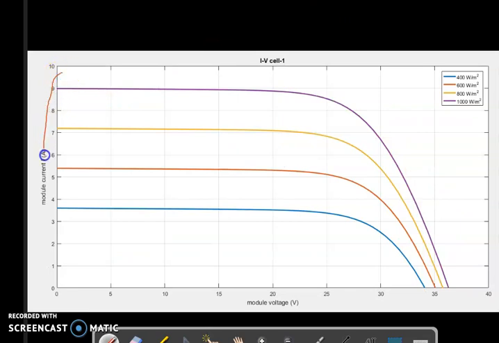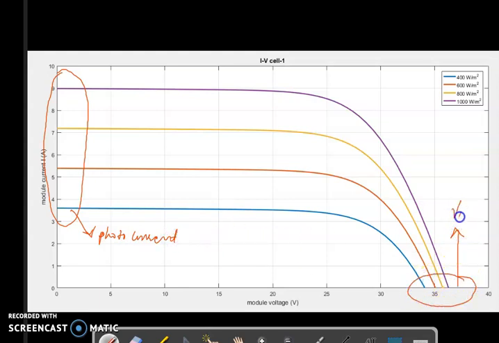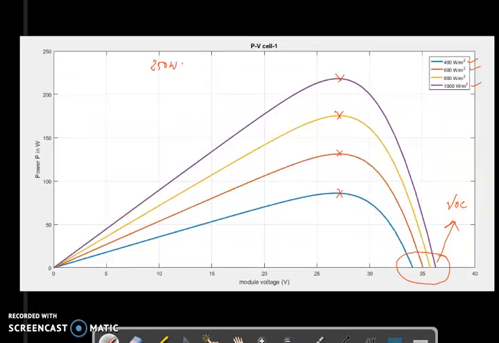So here we can see that the irradiance is mostly affecting the current, the photocurrent, but it is least influencing the open circuit voltage of the panel. And in this video, I am going to explain how to trace the peak power point, the MPP point of the solar panel, with a simple circuitry system.